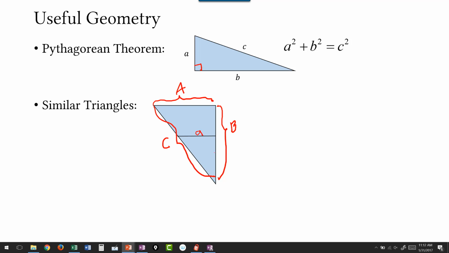I'll call the sides for the smaller triangle little a, little b, and little c. Similar triangles tells us that the ratios of the corresponding sides are always the same. So little a over capital A is the same as little b over capital B, and little c over capital C.